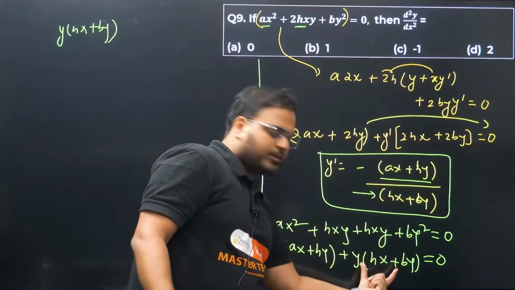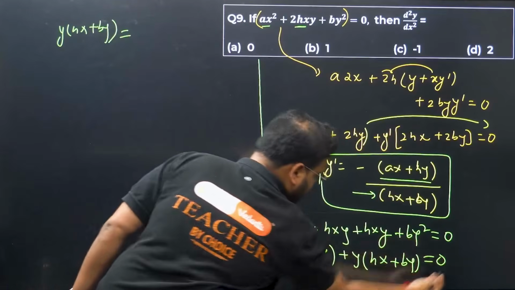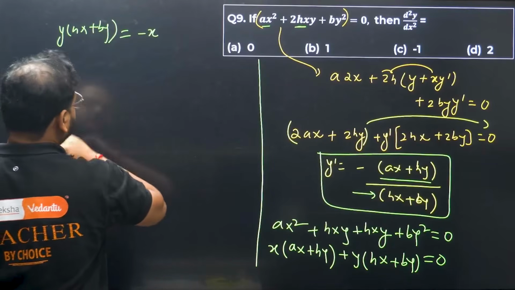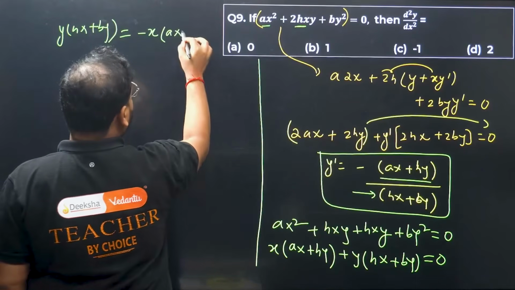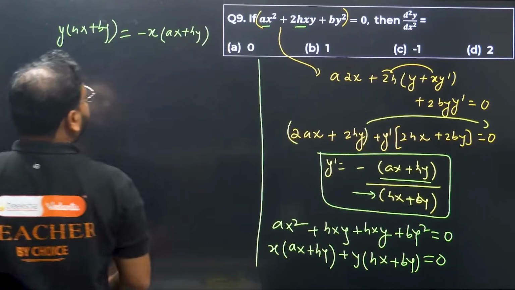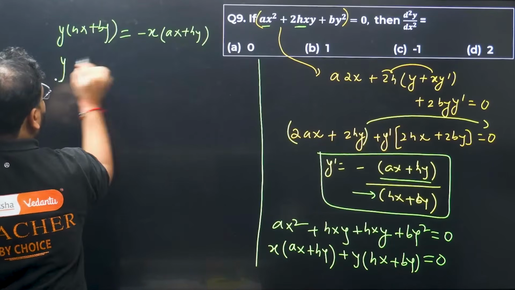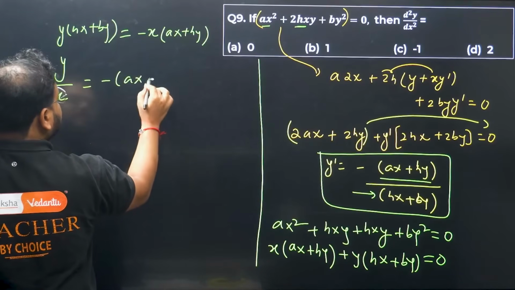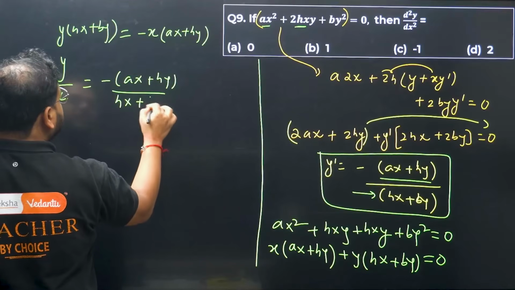So I'm going to keep this together as a multiplication and move the other term over to the other side. So I get here minus x times of what we have, ax plus hy. Now right here, move this x on this side, I get y by x equals to minus ax plus hy divided by hx plus by.